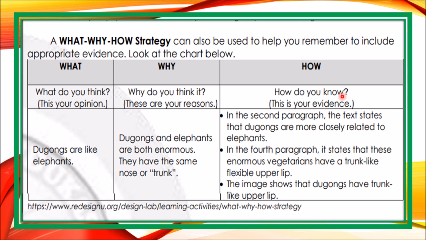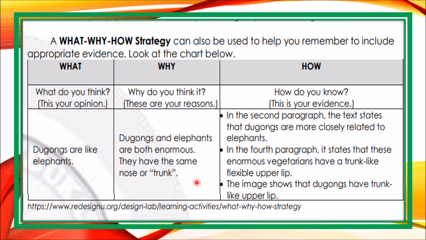Show the evidences here. So, for example, what do you think? It is your opinion: dugongs are like elephants. Then the reason why you think it is: dugongs and elephants are both enormous. They have the same nose or trunk.